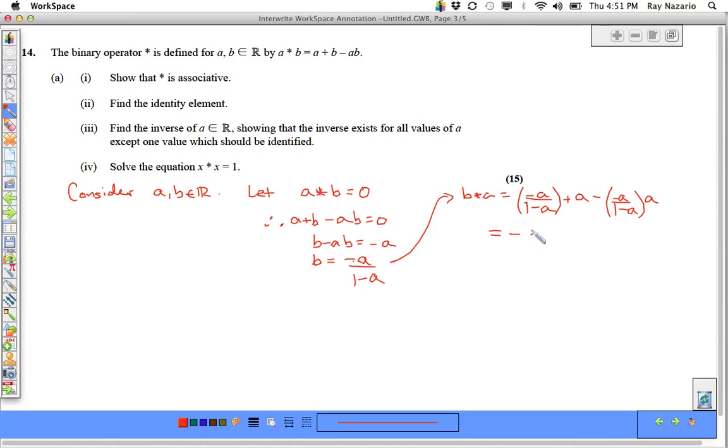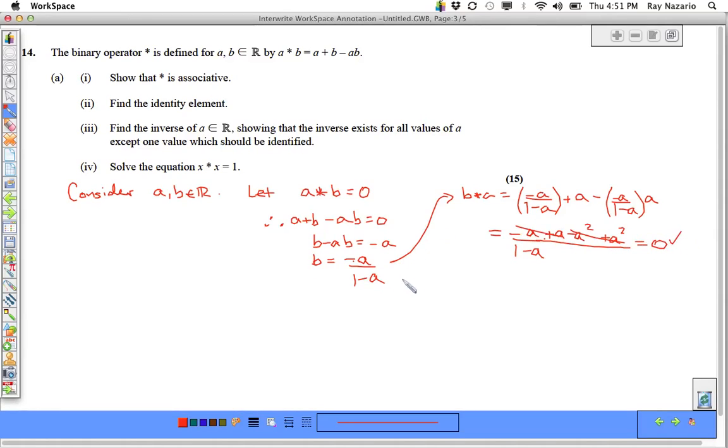This is going to be negative a over 1 minus a plus, I'll go ahead and create a common denominator, a minus a squared, and this will be plus a squared. That destroys, I'm left with 0.